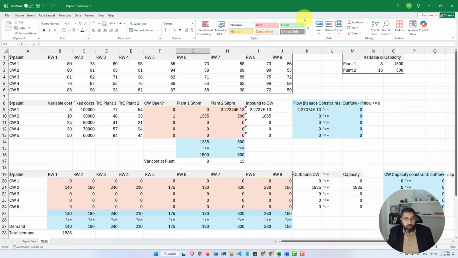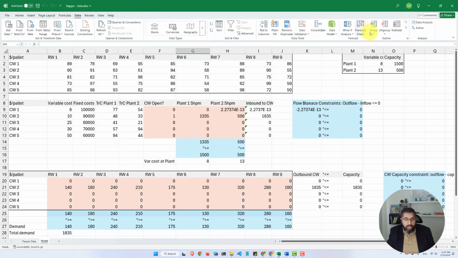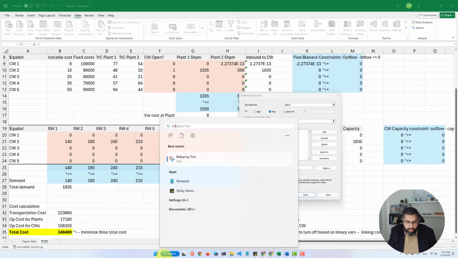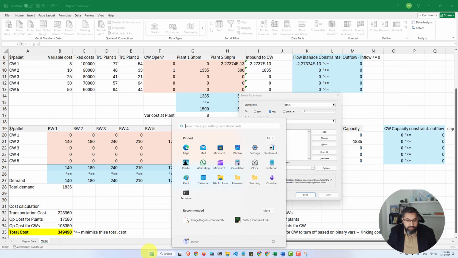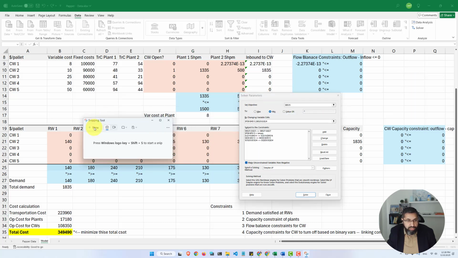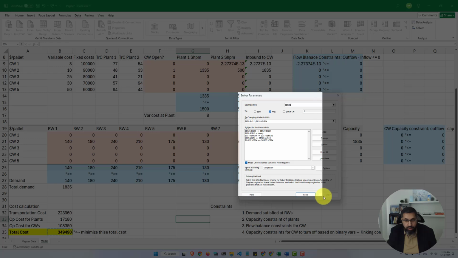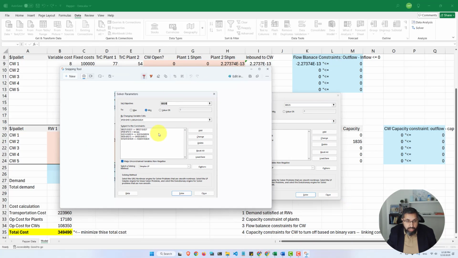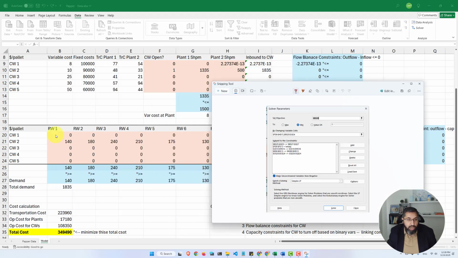So we need to go back, open Solver, and take a screenshot of that. Okay, so I'm opening the snipping tool. Take this screenshot, and this will go in the Word document for our Solver setup. And the second screenshot will be of this model that we will put in the Word document.